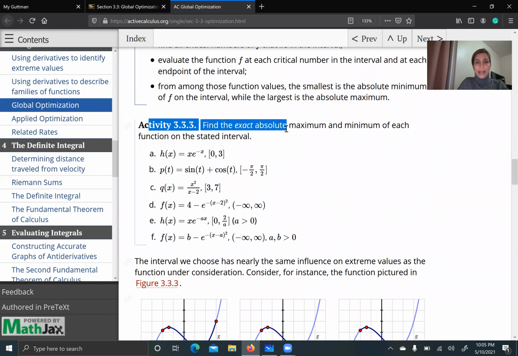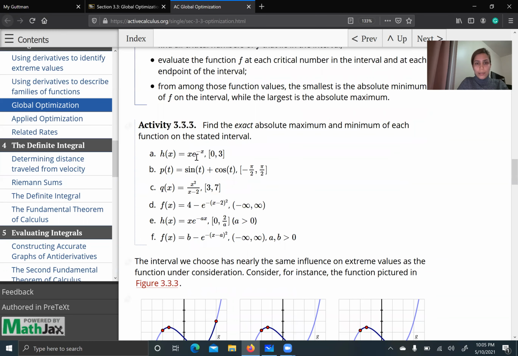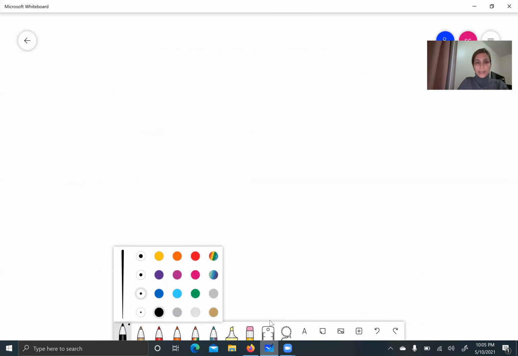So let's first look at this activity. It says find the exact absolute minimum and maximum of each one of these functions. So let's look at the first one, x times e to the negative x over the interval of 0 and 3.